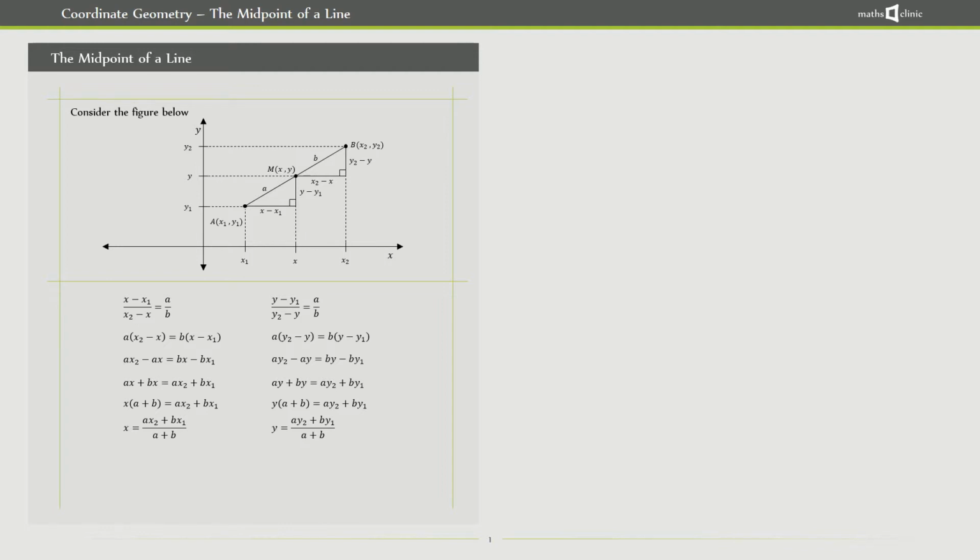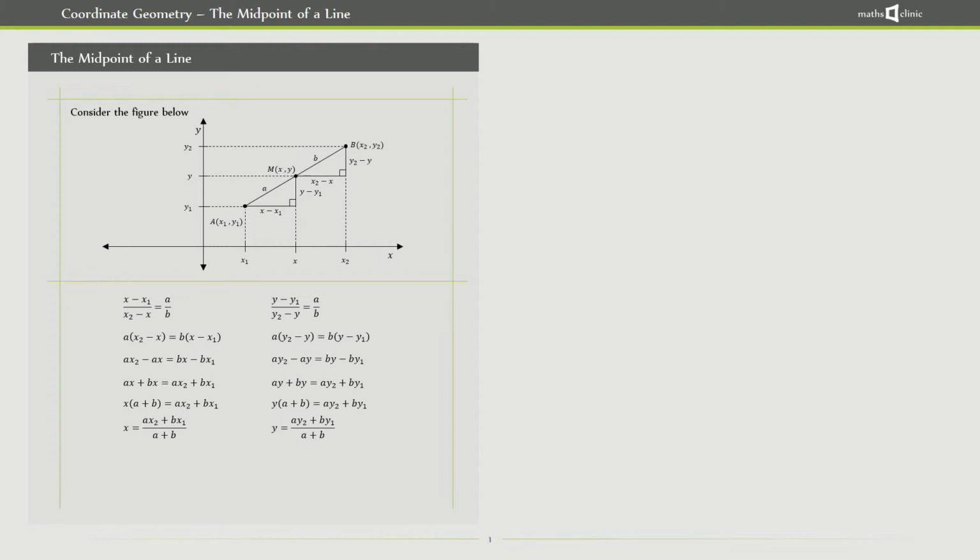Now what if you are told to find the midpoint of a line, which is what we're discussing in this lesson? The midpoint shares a line in the ratio 1:1, i.e. it shares the line equally.